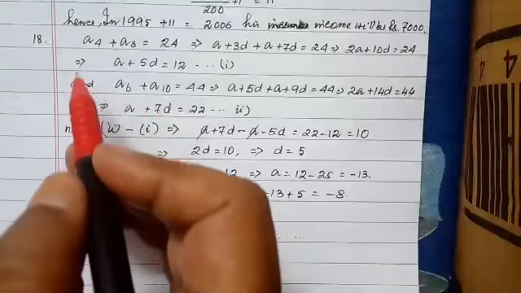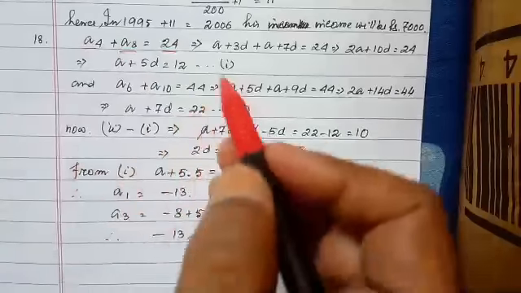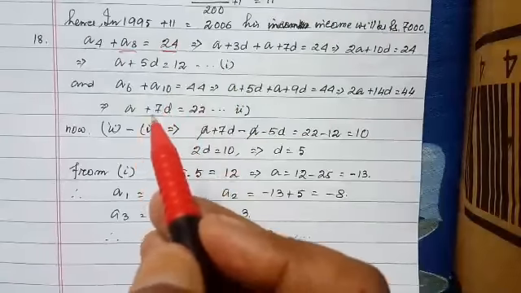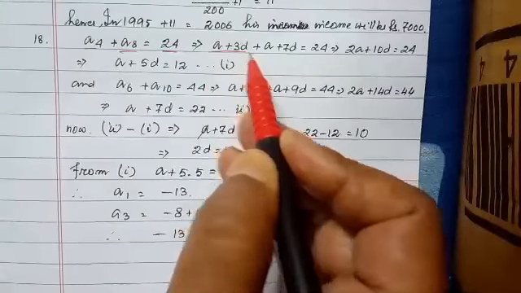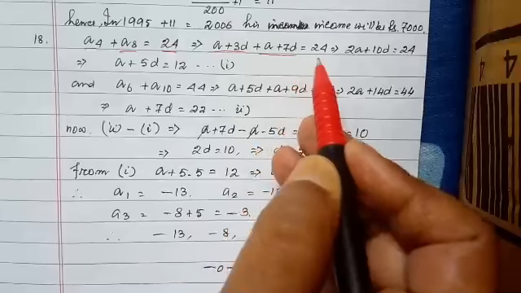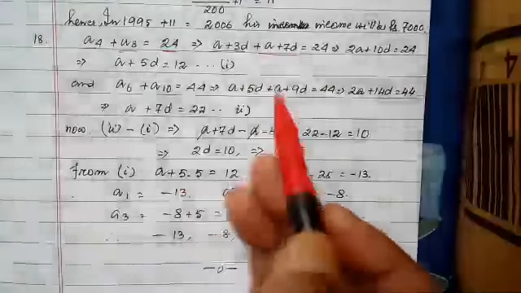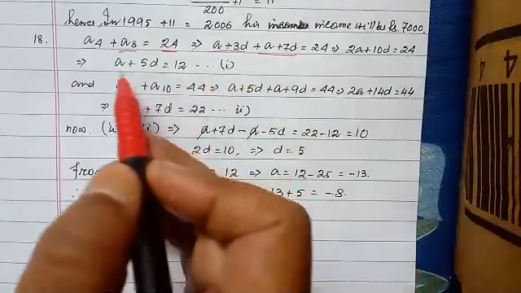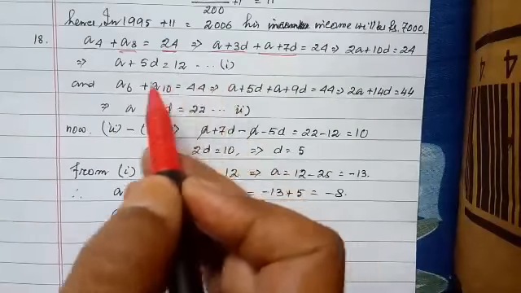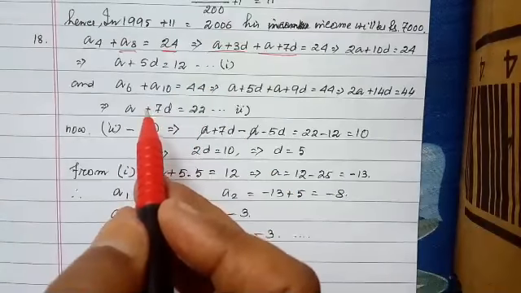So here we are given a4 plus a8 is equal to 24. If the first term is a and common difference is d, then a plus 3d plus a plus 7d is equal to 24. That is 2a plus 10d is equal to 24. That is a plus 5d is equal to 12. Let us mark this as equation 1.